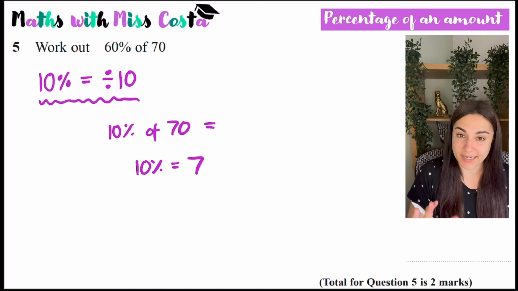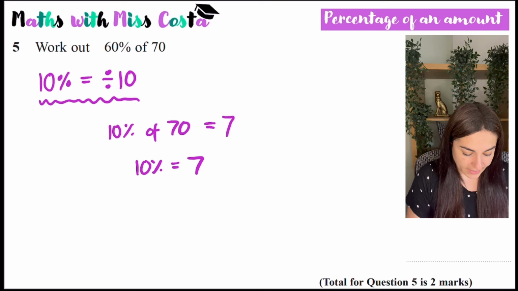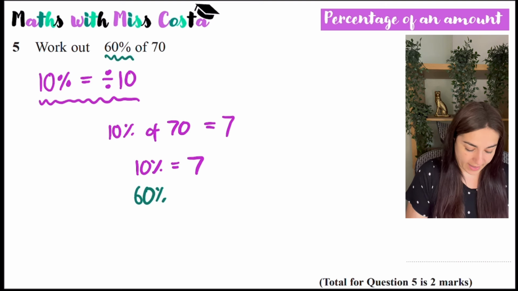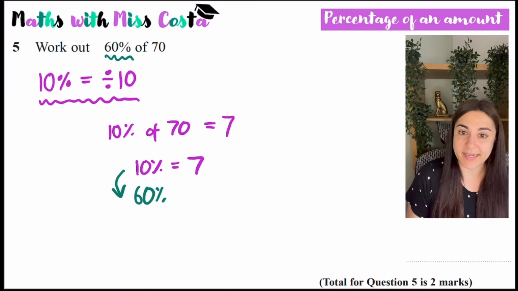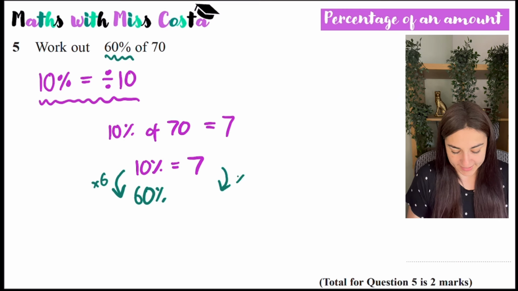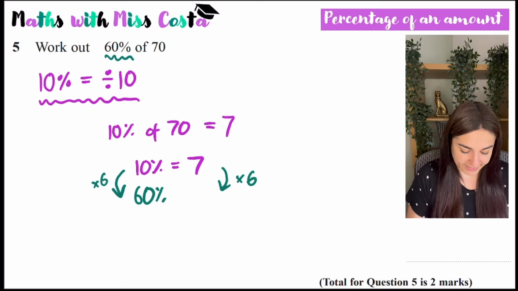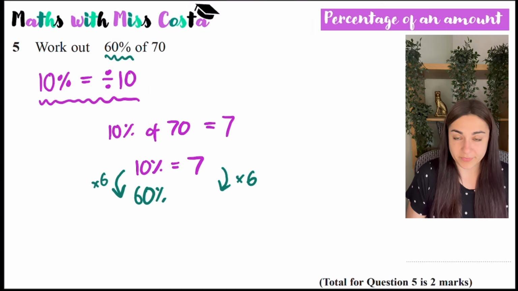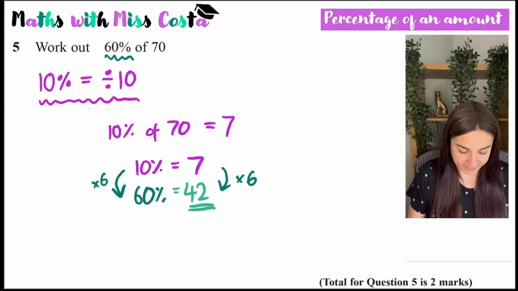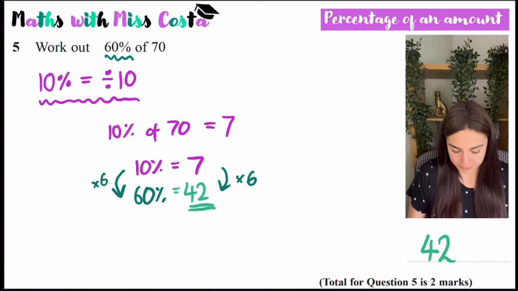Okay, so I know that 10% of 70 is 7, and I need to work out 60%. So what do I multiply 10% by to get to 60%? I multiply it by 6. So I do exactly the same to the other side, and 7 times 6 is 42. So 60% of 70 would be 42.